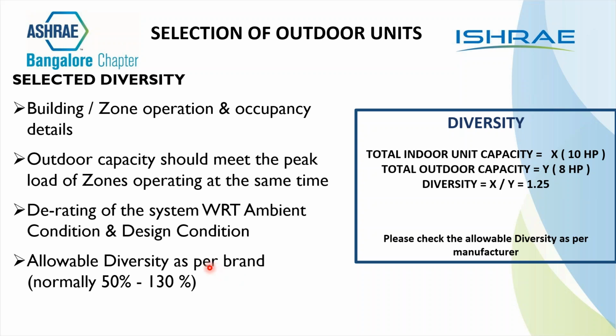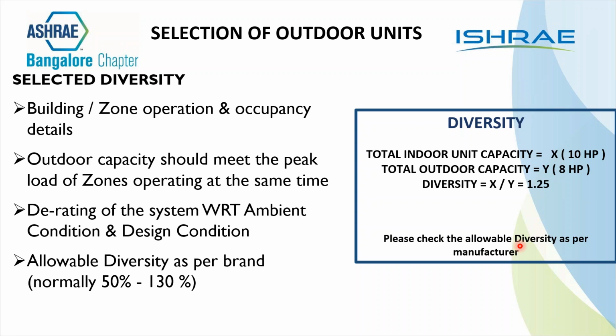So the diversity percentage varies anywhere between ideally 20% to 30%, or 10% to 30% or 35%, based on application to application and manufacturer to manufacturer. It is very, very important for us to understand this diversity: what is permissible, what is allowed, what can be designed.